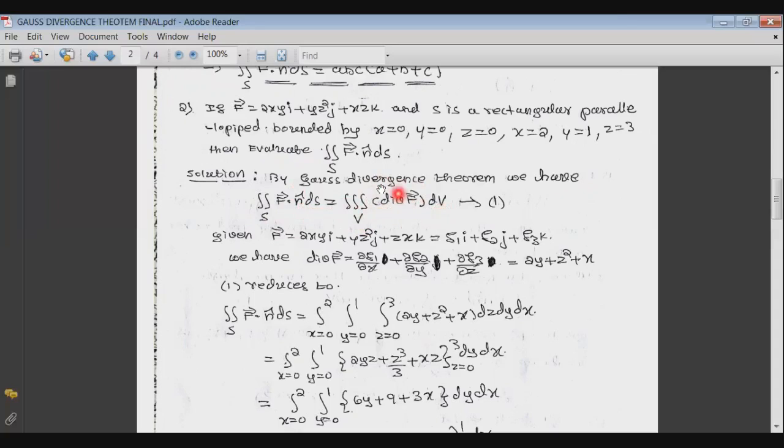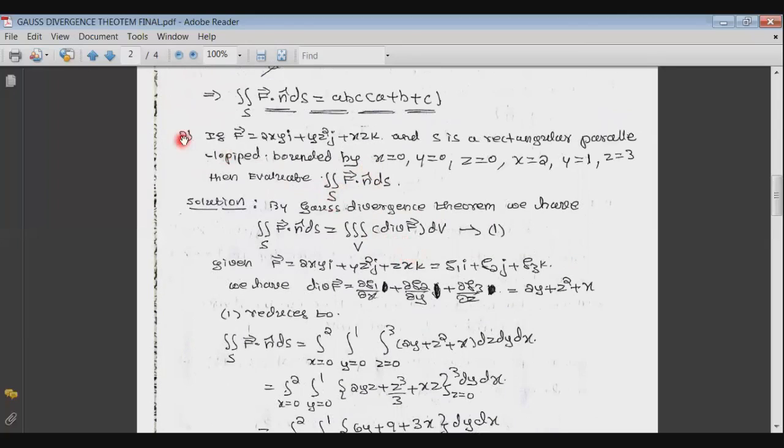That's why, again, first of all you have to find the divergence of the given vector. The given vector is of the form f bar equal to 2xy i plus y square j plus zx k, and that is equal to f1 i plus f2 j plus f3 k, where again, if you differentiate the first component with respect to x, it gives 2y, the second component with respect to y becomes 2y, and the third component with respect to z is given by x.